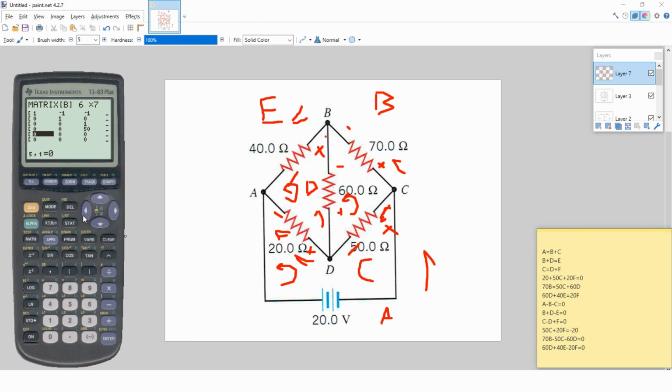Here we have 0, 70, negative 50, negative 60. Those are all zeros. I'm not gonna bother putting 0 in every one of them. Just gonna skip. 60, negative 40. Actually, not negative 40. 40, 20, or negative 20. And 0.